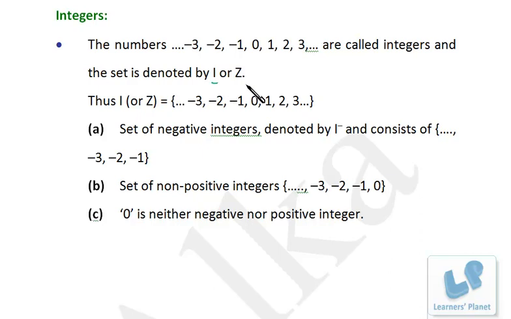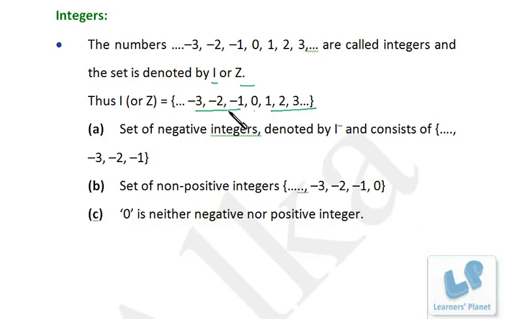We call it I or Z. These are negatives of natural numbers, these are natural numbers themselves, and this is 0. So integers are like whole numbers as well as negatives, precisely negatives of whole numbers.